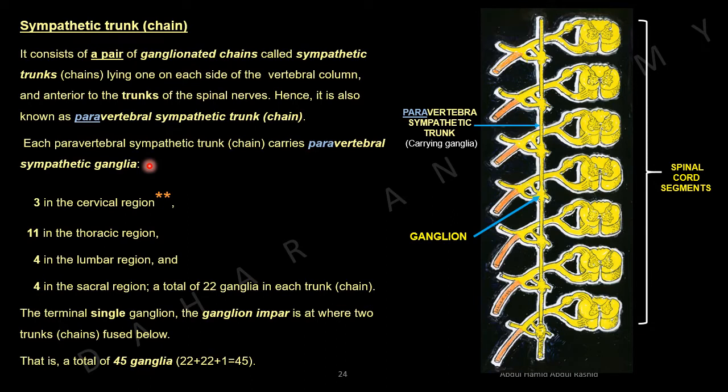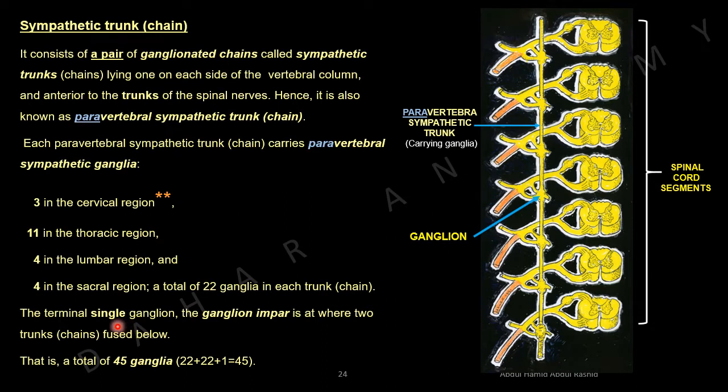Each paravertebral sympathetic trunk or chain carries paravertebral sympathetic ganglia. They are 3 in the cervical region, 11 in the thoracic region, 4 in the lumbar region, and 4 in the sacral region, a total of 22 ganglia in each trunk or chain.